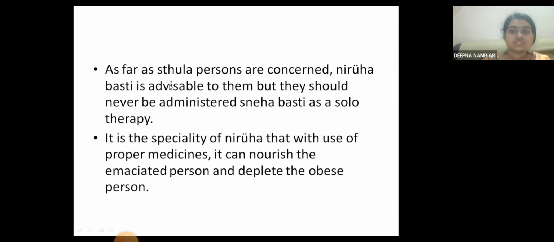And as far as Sthula is concerned, Niruha Vasti is advised, but Sneha Vasti alone cannot be done because it is a Brimhana therapy, so it cannot be given in Sthula. The combination of Niruha and Anuvasana can be given, but in the Krisha we cannot give the Niruha Vasti alone, and in the Sthula we cannot give the Anuvasana Vasti alone. And even though the Vasti has the property of Krisho Brimhayet, Sthulam Karshayet.